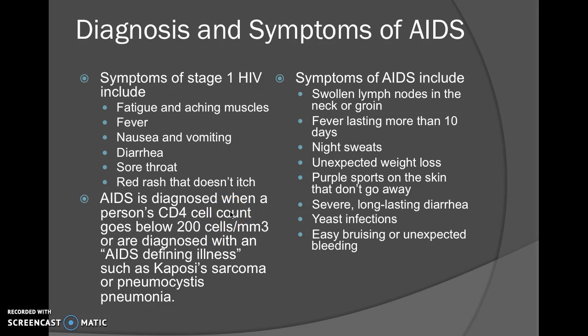And then the symptoms of AIDS include swollen lymph nodes in the neck and groin, a fever lasting more than 10 days, night sweats, unexpected weight loss, purple spots on the skin that don't go away, severe long-lasting diarrhea, yeast infections, and easy bruising or unexpected bleeding.